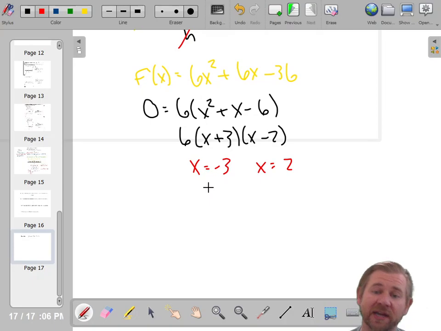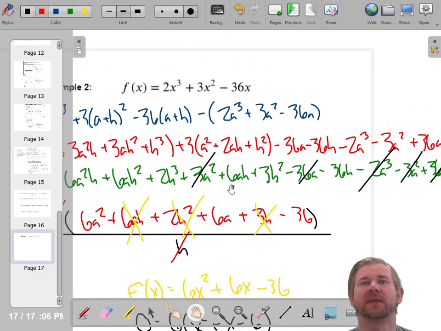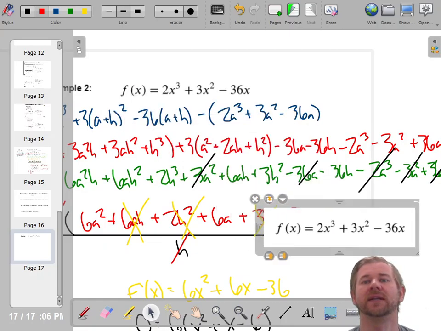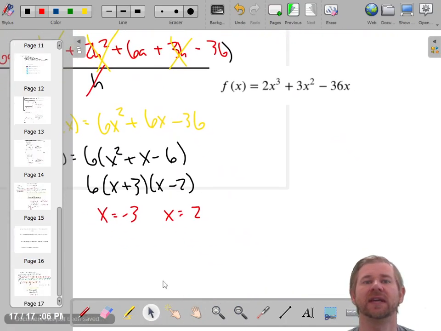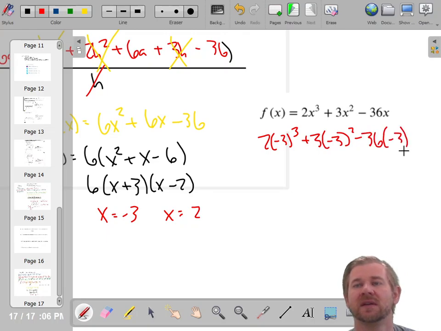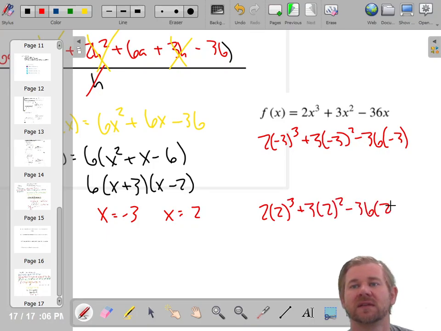To find the y-coordinates of those turnarounds, I need to plug it back into this function. So I need to plug those values into this function: 2 times negative 3 cubed plus 3 times negative 3 squared minus 36 times negative 3, and 2 times 2 cubed plus 3 times 2 squared minus 36 times 2.